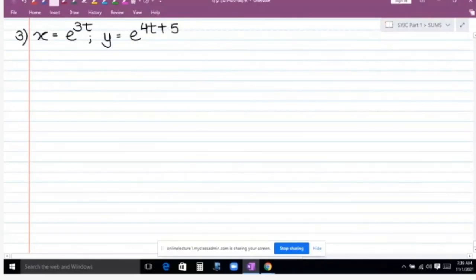So here in this given sum, there are two variables x and y, which are being expressed in terms of a third variable, which is t.